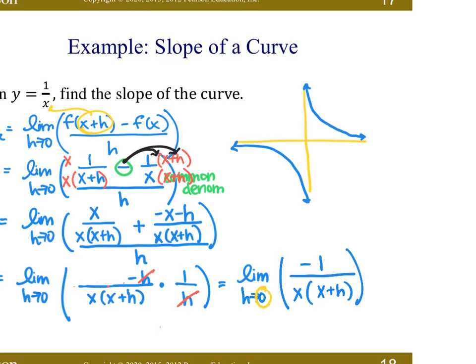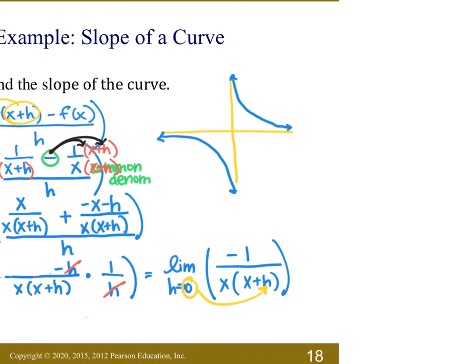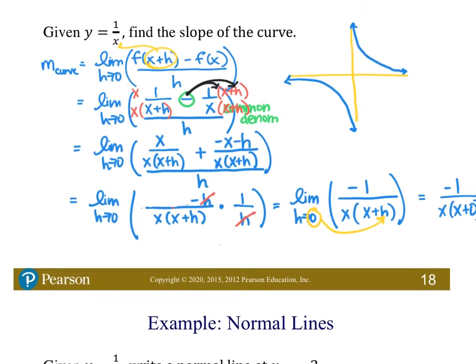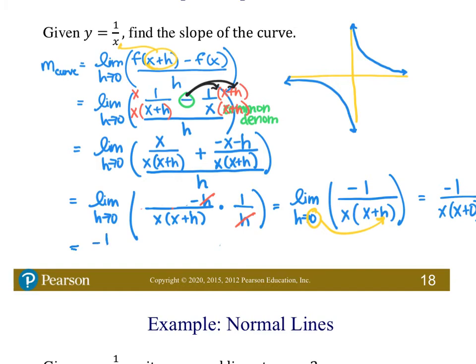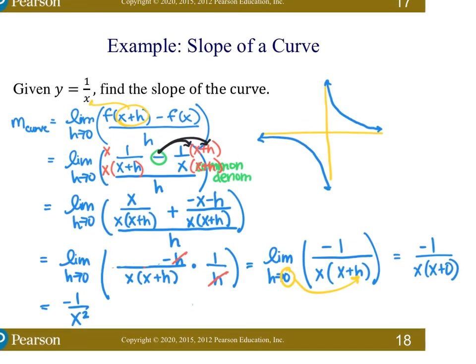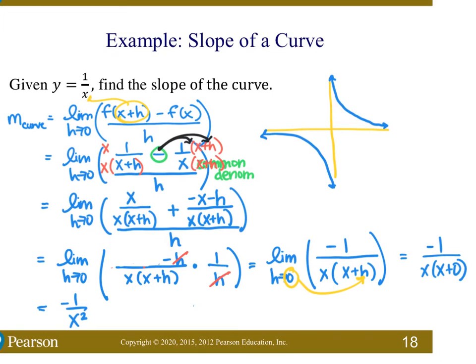Now I'm going to plug 0 in. And when I plug 0 in, I get negative 1 over x times x plus 0. So the final answer is negative 1 over x squared. So the formula negative 1 over x squared will tell me the slope of the curve at any point I pick along the curve.